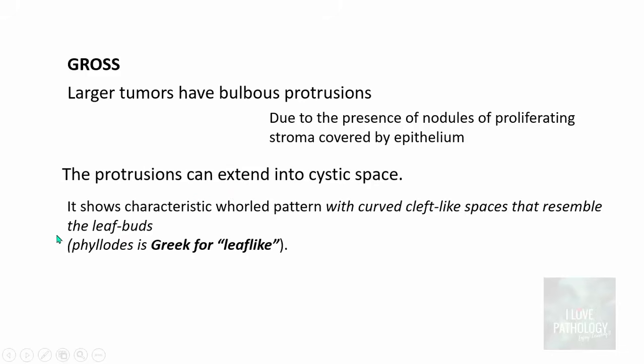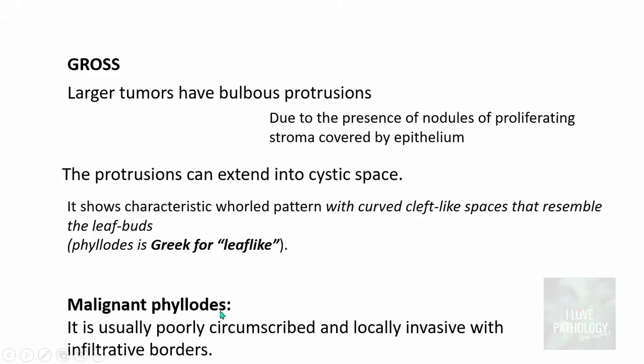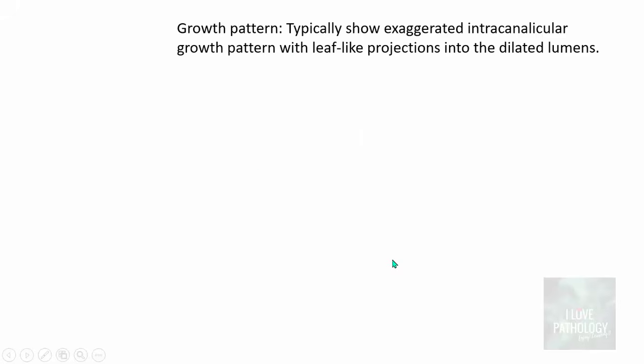The characteristic feature is a whorled pattern with cleft-like spaces that resemble leaf buds. The name phyllodes is derived from the Greek, which means leaf-like. On the cut surface and even in microscopy, this leaf-like pattern is seen. Malignant phyllodes, on the other hand, are very poorly circumscribed and locally invasive with infiltrative borders.